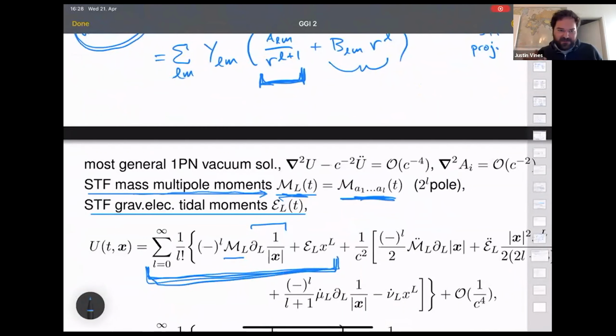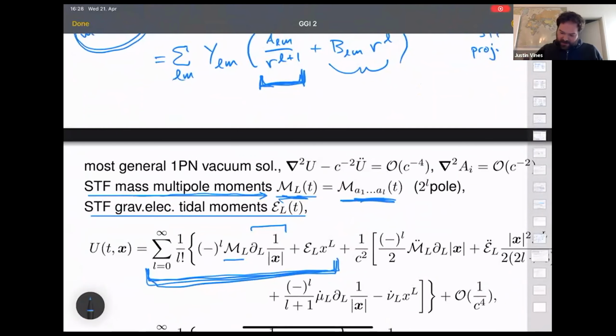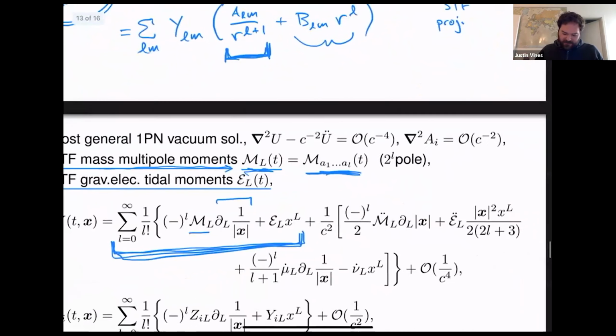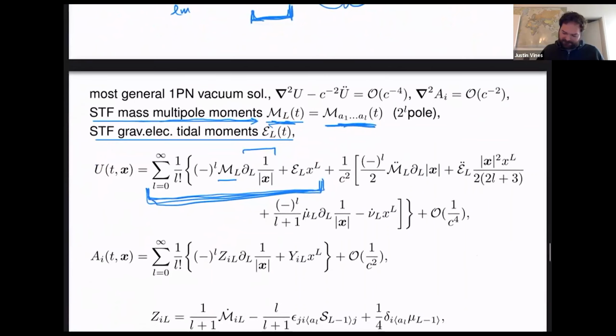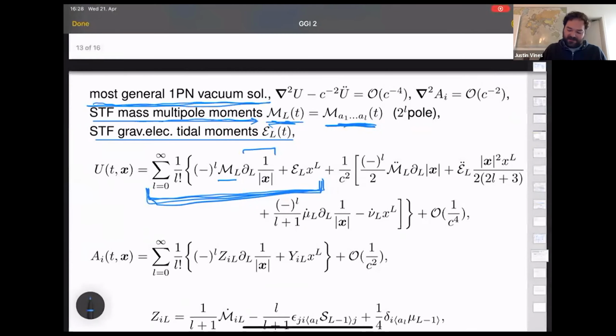What changes when you go to first post-Newtonian level? Well, on the one hand, I'm claiming that what's written down here is the most general solution to the 1PN vacuum field equations, which we wrote down again here. Okay, this part we were basically describing above, but now these things in general will have inside them 1/c² corrections.